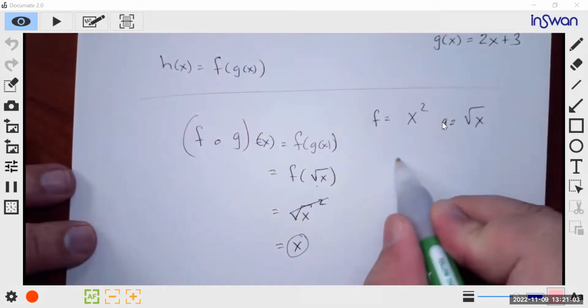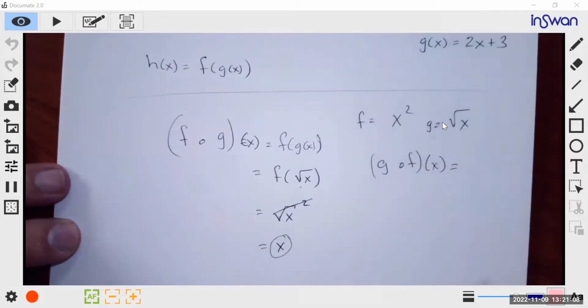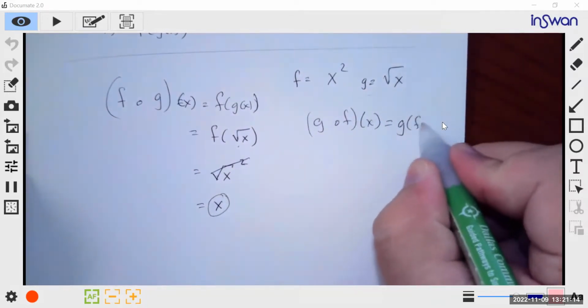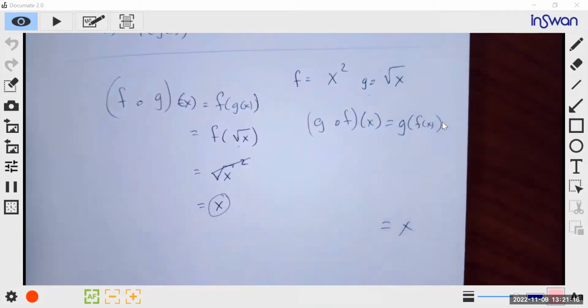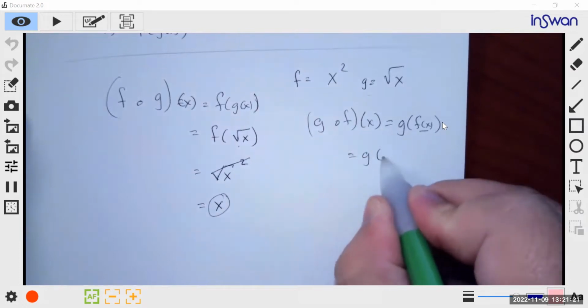If they're truly inverses of each other, this also should equal x. So f of x is x squared.